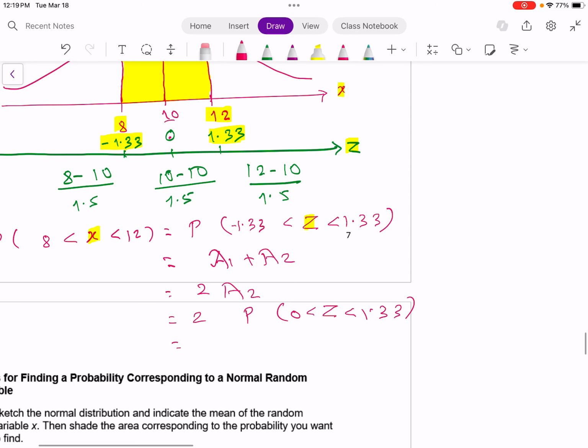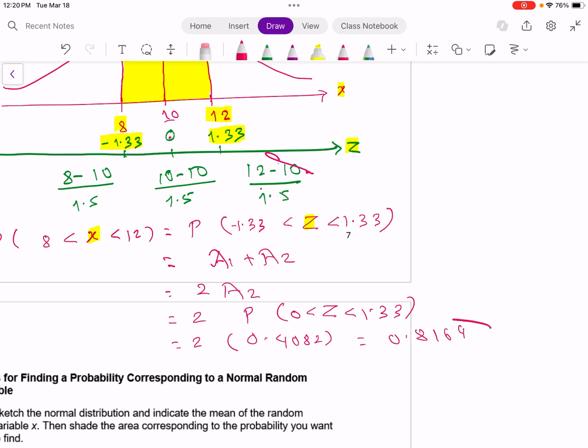So this is 2 times, and what is this probability from the z table? 0.4082. And the final answer is 0.8164.